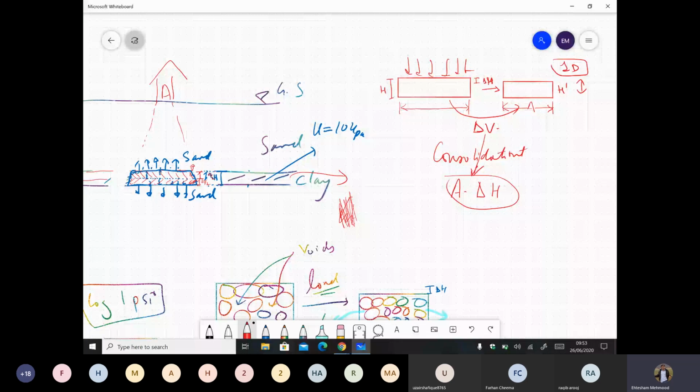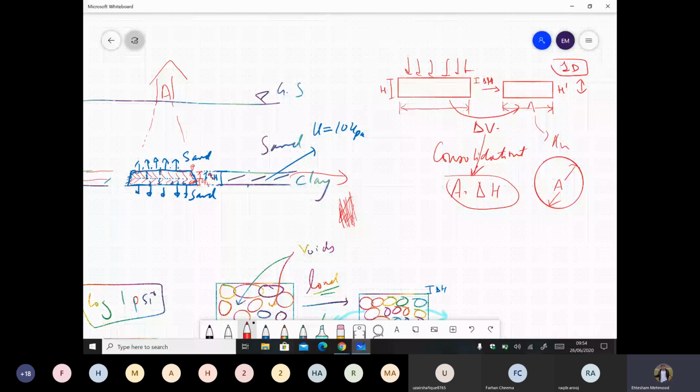So there is only a change in height, that is delta H. So if I say the change in volume, I mean that area remaining constant, that is the area of the consolidation ring, into delta H. Is it clear? Yes, sir. That's why I have written it in components, because I want to highlight that there is only a change in the vertical direction and the area remains constant.